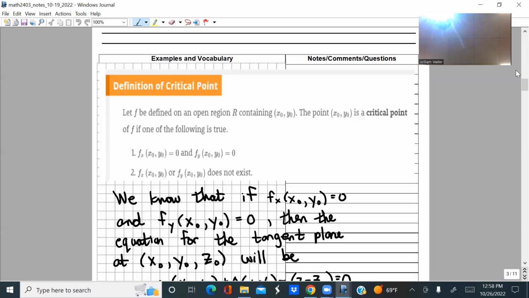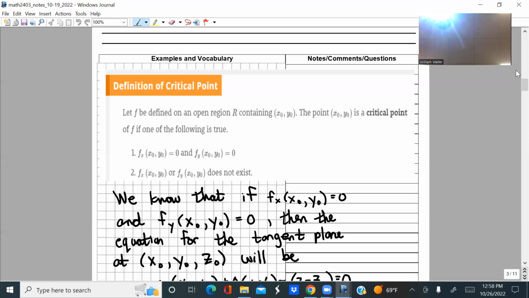That will happen sometimes. Now, why does that first condition correspond to having a tangent plane that's horizontal? Well, think about it. How do you find the equation for the tangent plane? You take the partial derivative with respect to x and multiply it by x minus x0, where x0 is a point on the surface.